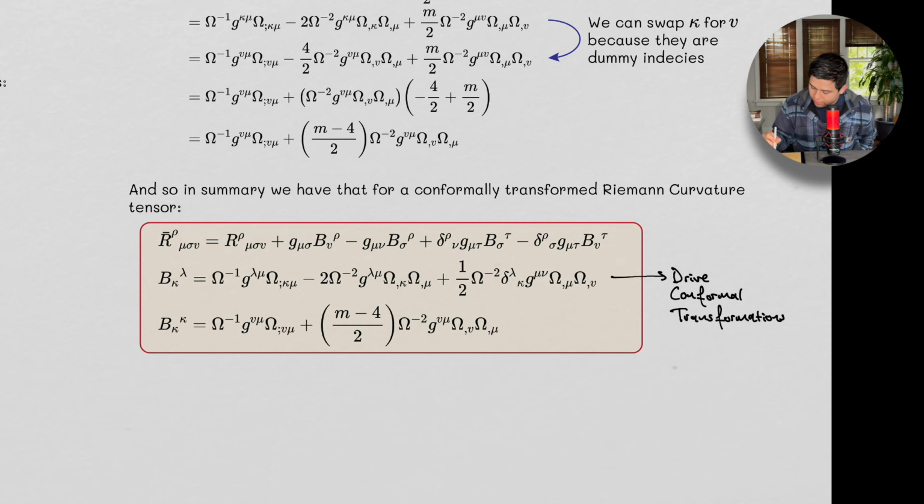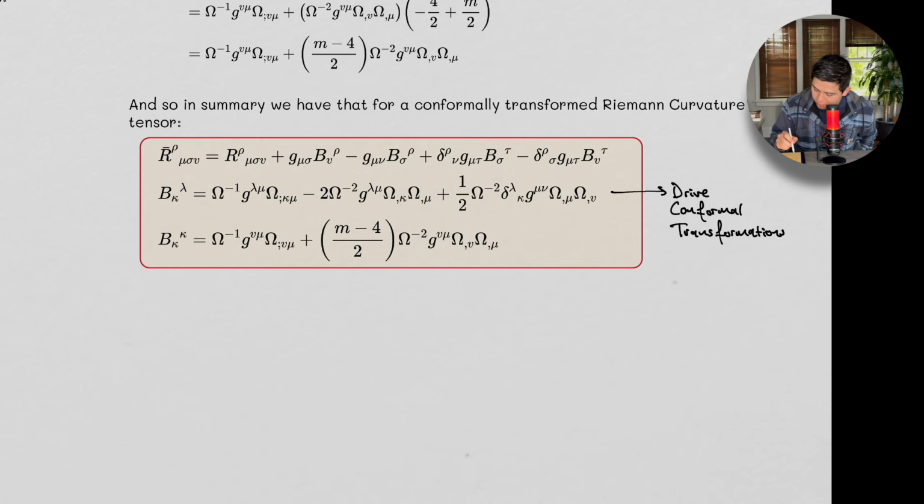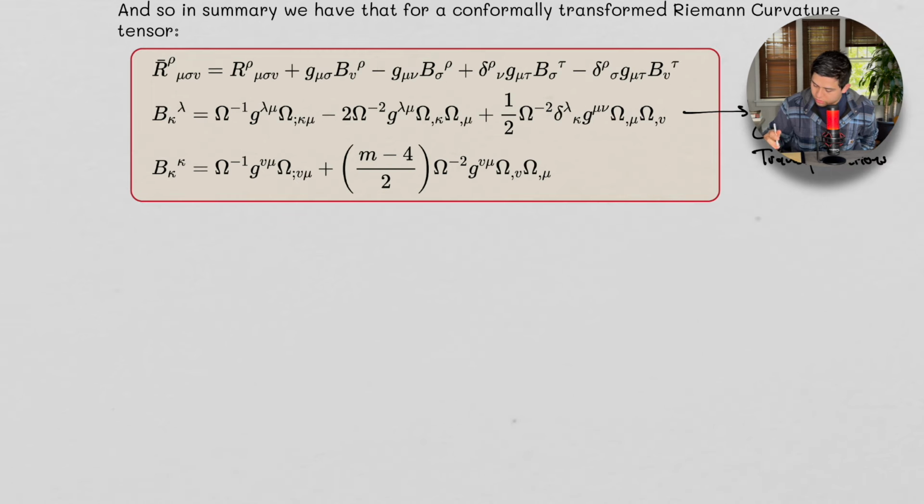And from the beta, we can define the B terms, and then we can define the trace of the B terms also. And the trace of the B terms contains the dimensionality of the manifold. So the trace contains the dimension.